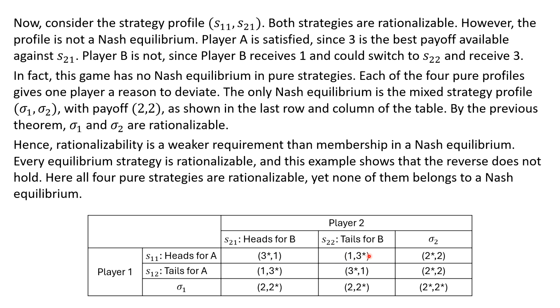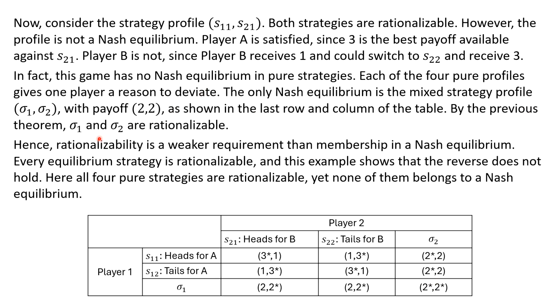And we could have done it for this one, and this one. So in fact, this game has no Nash equilibrium in pure strategies. Each of the 4 pure profiles gives one player a reason to deviate. The only Nash equilibrium is the mixed strategy profile, this one down here, which we saw before.